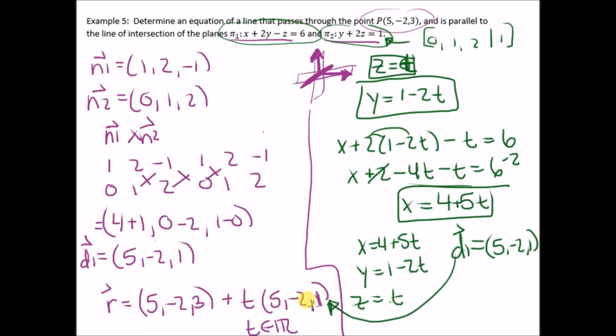Then we could just simply sub it into either the vector form of the equations, or we can put it in x equals, y equals, z equals as parametric equations, the point 5, negative 2, 3, plus t times 5, negative 2, 1, where t is an element of the real number system. So two a little bit different approaches, but you're going to arrive at the exact same answer.